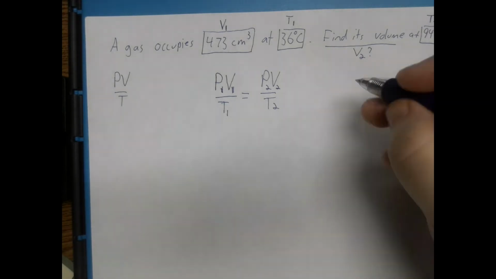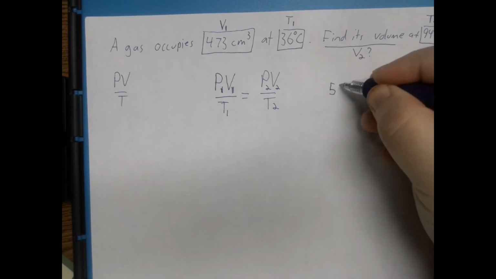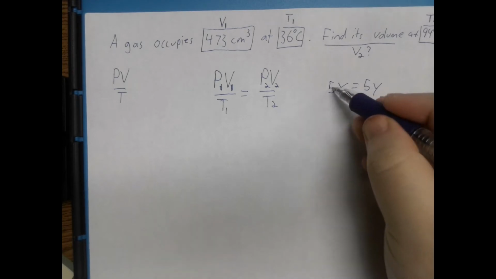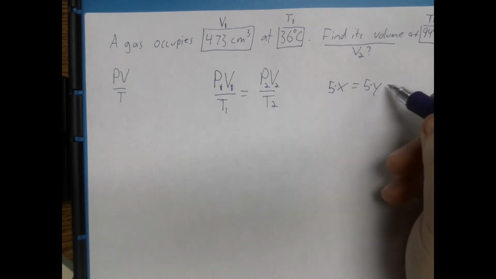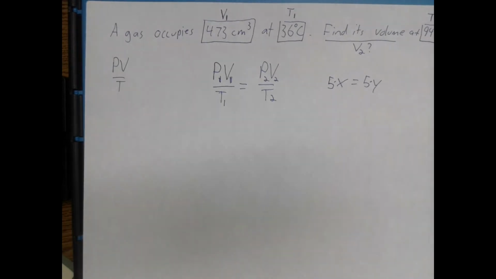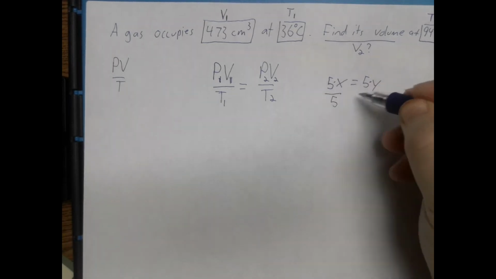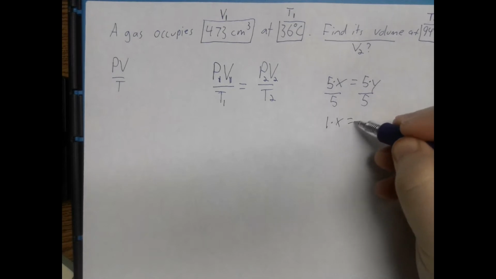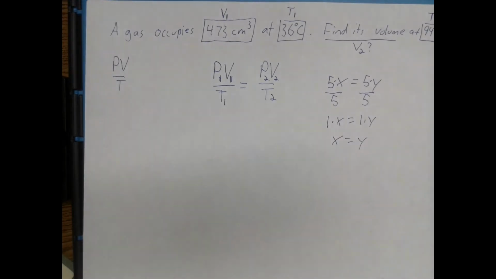So, for example, if I have 5x is equal to 5y, 5 times something on this side is equal to 5 times something on the right side. Is the 5 important? What would happen if we divide both sides by 5? It'd be 1 times x is equal to 1 times y, or just x equals y.